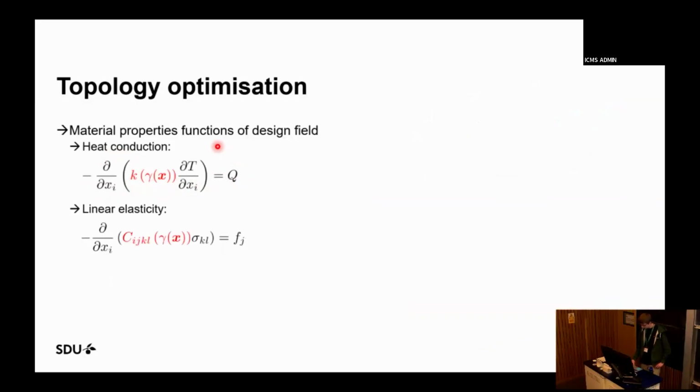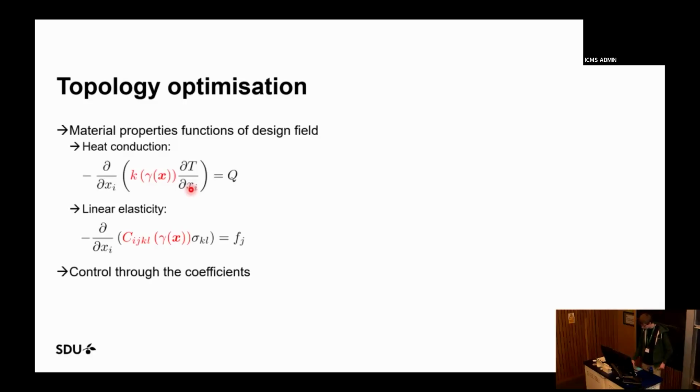Similarly, if you're working with linear elasticity, then you take the stiffness tensor and make it so that it is a function of gamma. So basically, it's kind of like an optimal control problem, but instead of controlling the source term, you're controlling the coefficients in the problem.